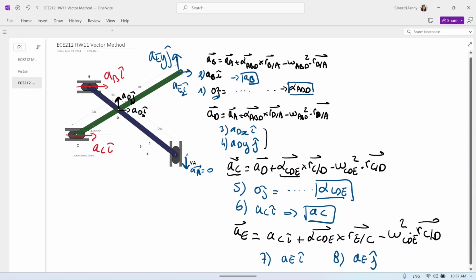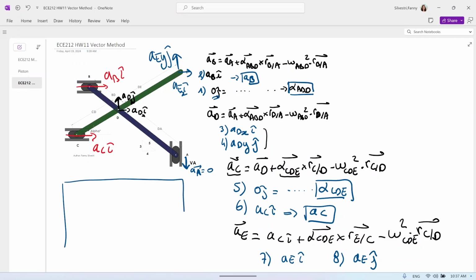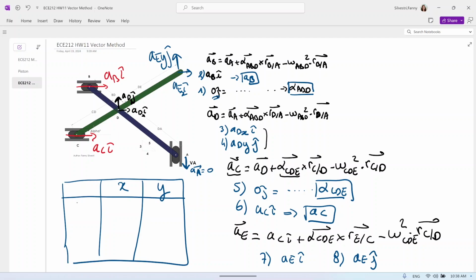And we have everything. And you see why it is very crucial, and I'm just suggesting something, that you maybe start with finding the x and the y of each point, point A, point D, point B, point C, and point E. So you pick one that is 0. Let's say your A is 0. And you can find all the dimensions.